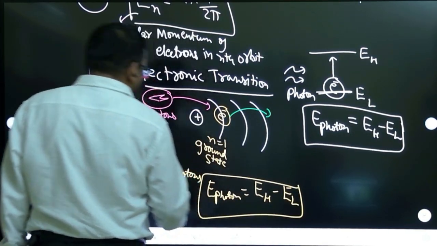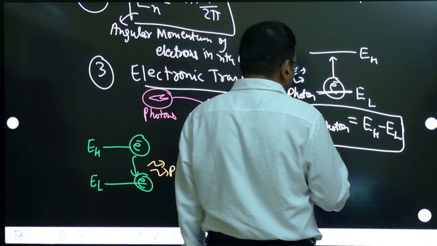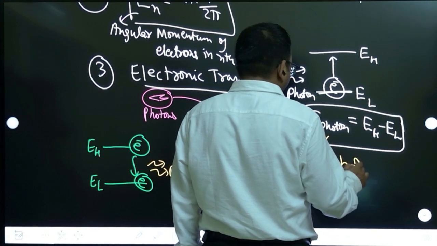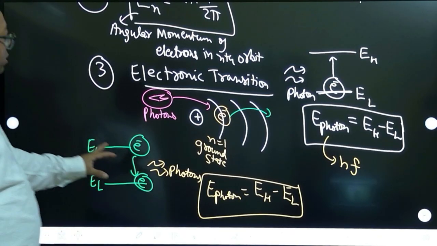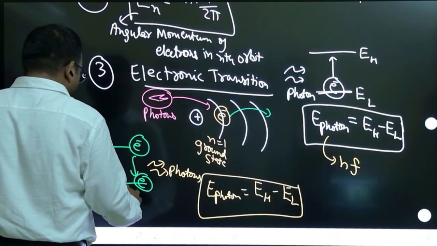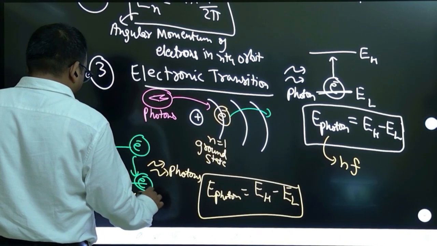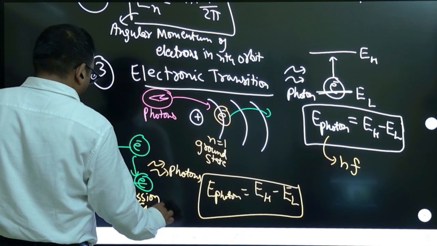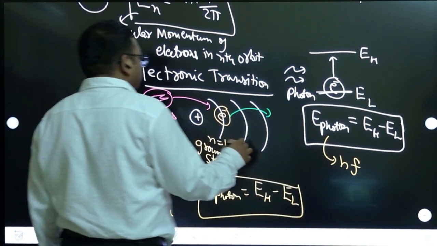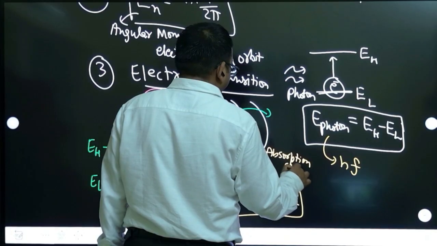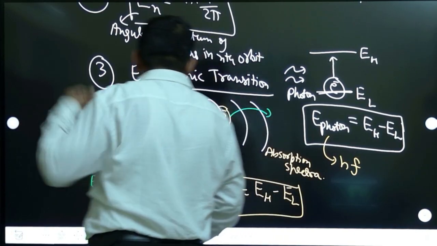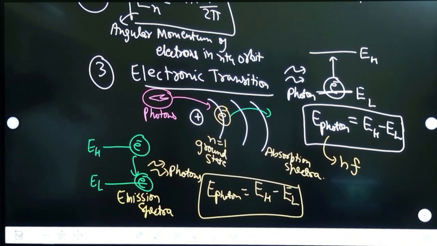And you know the photon energy formula is h into frequency, where h is Planck's constant. So this explains the emission spectra, and this explains the absorption spectra. Both spectra, Bohr is able to explain successfully.